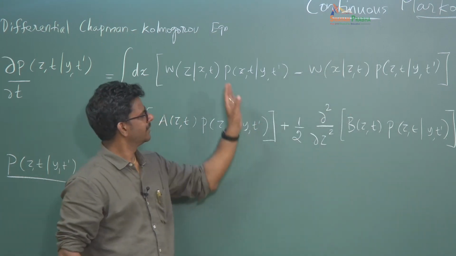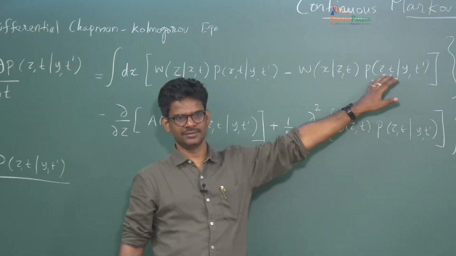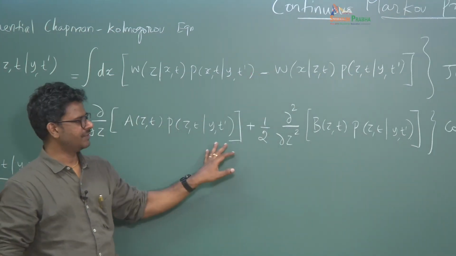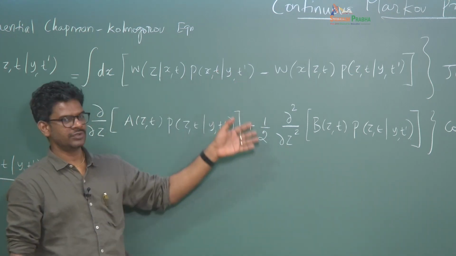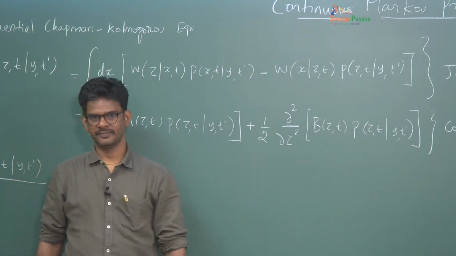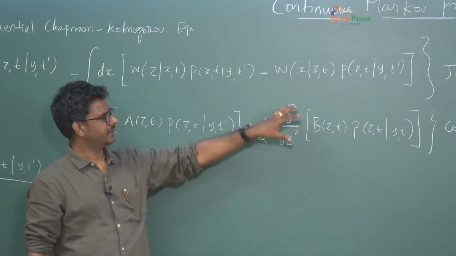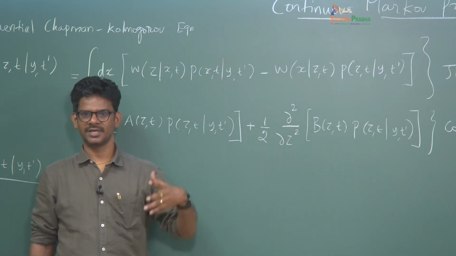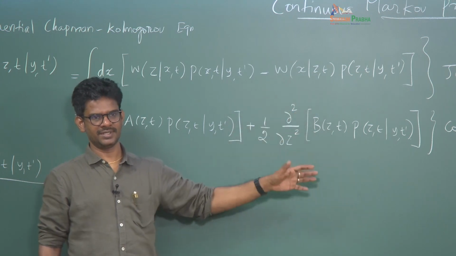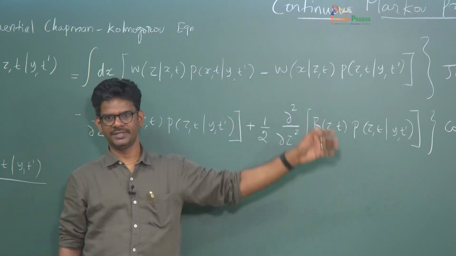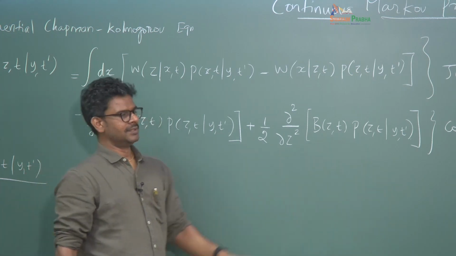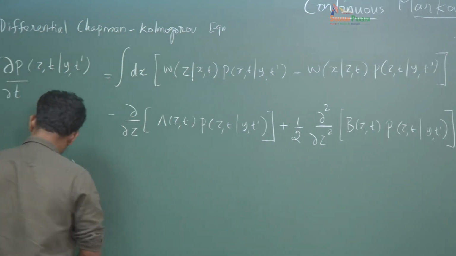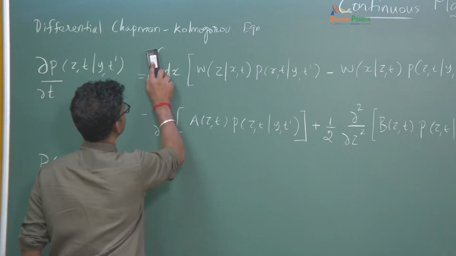So, now we will keep this one 0, W is 0, there is no jump process, and everything is having only continuous process. There are some other cases where you may have both happening. Okay. So, you may have a set of variables describing the system having continuous variable as well as discrete variable, then this is the total equation you have to deal with. Okay. But now we will talk about only this. So, we do not have this entire term.